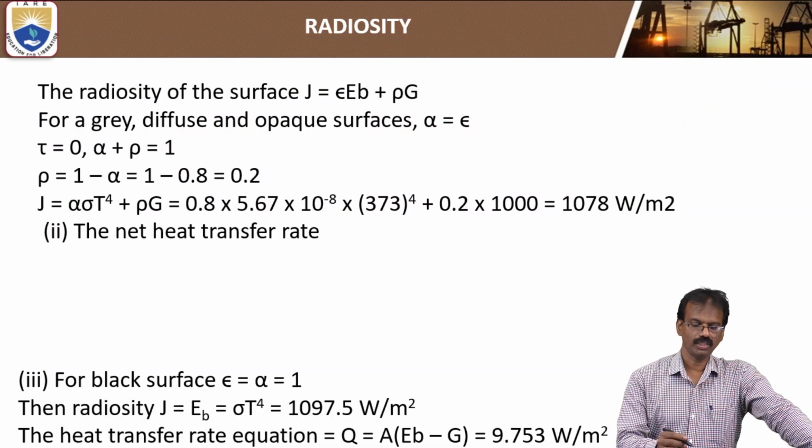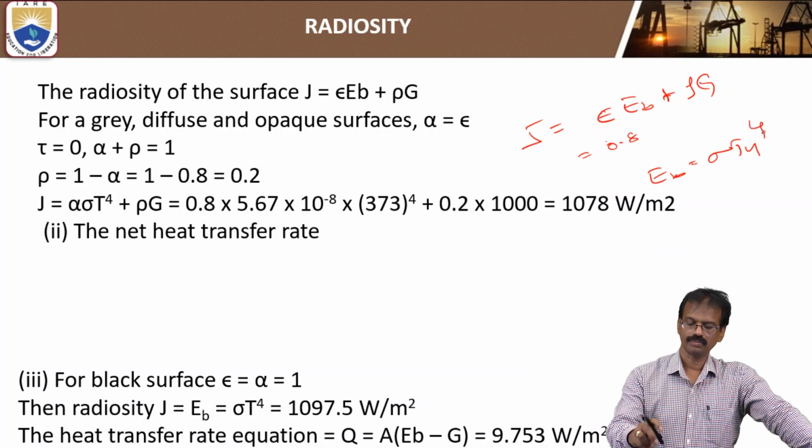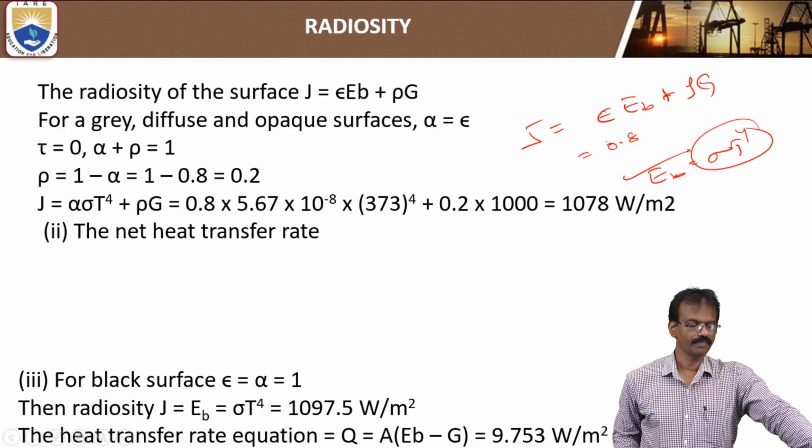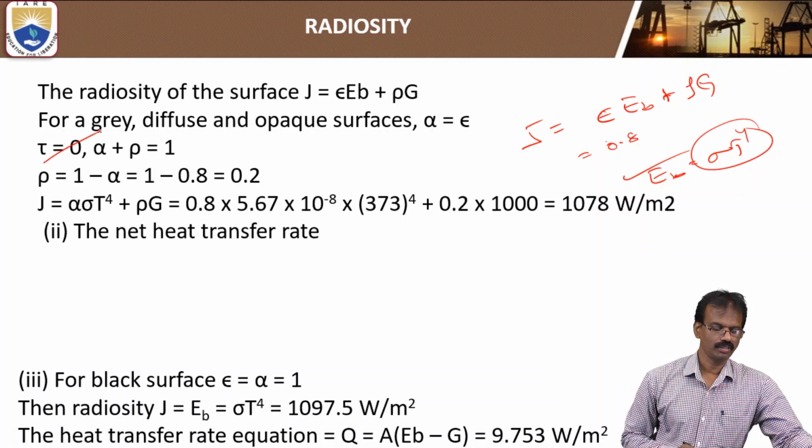First of all, we will solve the radiosity. Radiosity J is nothing but epsilon into EB, emitting energy, plus reflecting energy. You know that this is 0.8 into EB. You have to find out this one. According to the Stefan-Boltzmann law, EB is equal to sigma T to the power of 4. By using that formula, you can find out the EB. So first, this is an opaque surface, transmissivity is equal to 0.